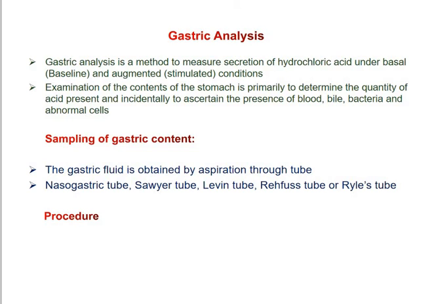A sample of gastric secretion is obtained via a nasogastric tube. So, we are going to collect the sample by inserting the nasogastric tube through the mouth or through the nose, as you can see in the diagram.